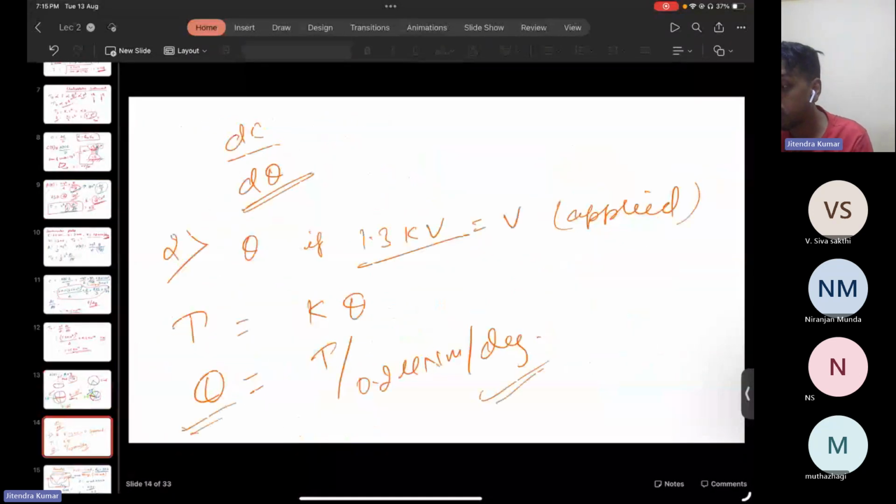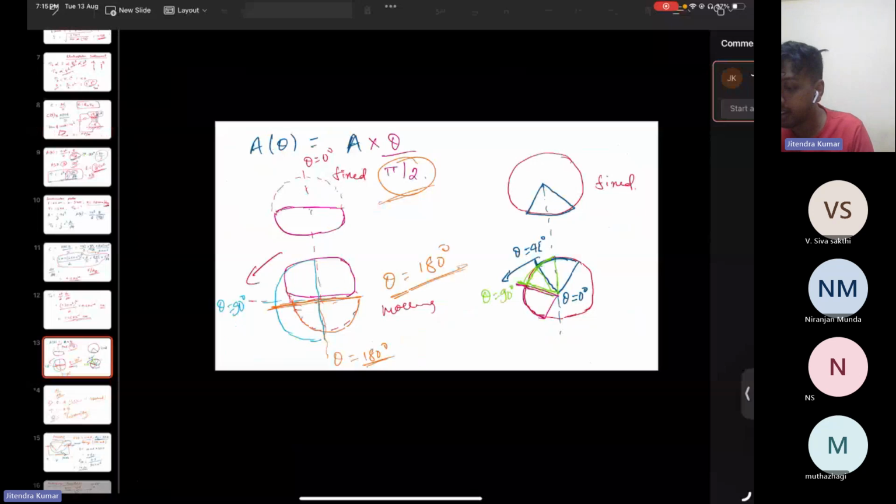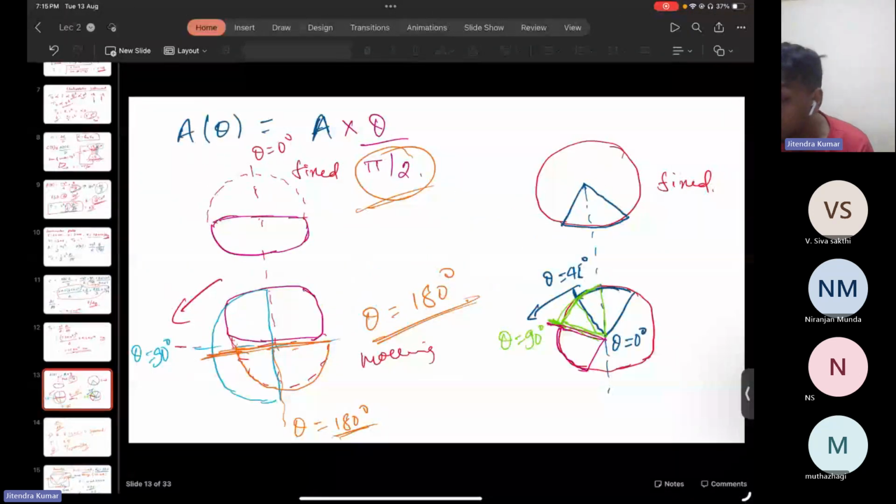Theta was 90 degree for a quarter of the circle, but it was 180 degree or pi for a semicircle, isn't it? Are you getting that? Should I explain it again? In this lecture, I clearly explained that theta will be 180 degree, and how, for the semicircle and for a quarter of the circle.